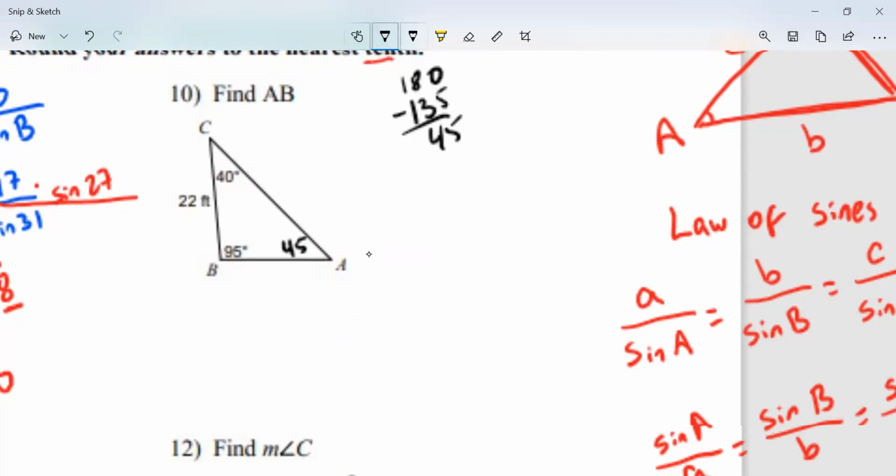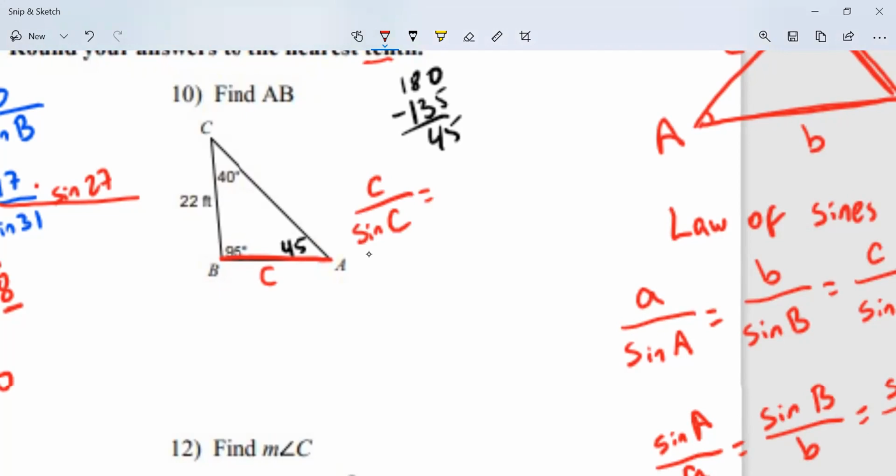Here, I'm solving for side AB. If you connect corners A and B, I'm looking at this side, which is the one side that is opposite from angle C, so I'm going to call that side C. Because I'm solving for side C, one of my fractions is going to be C over sine of angle C. Then I look around and ask myself, do I know any other side?